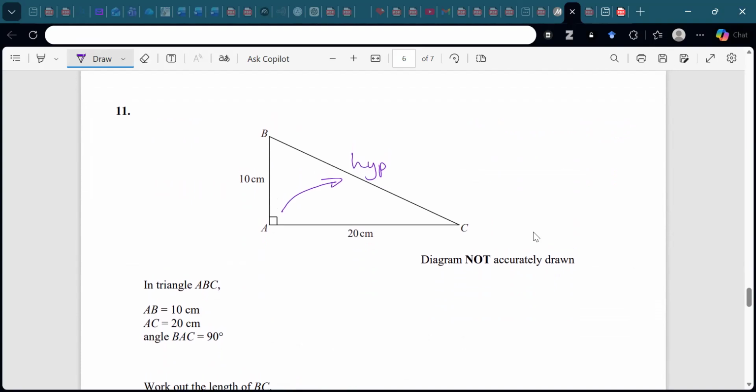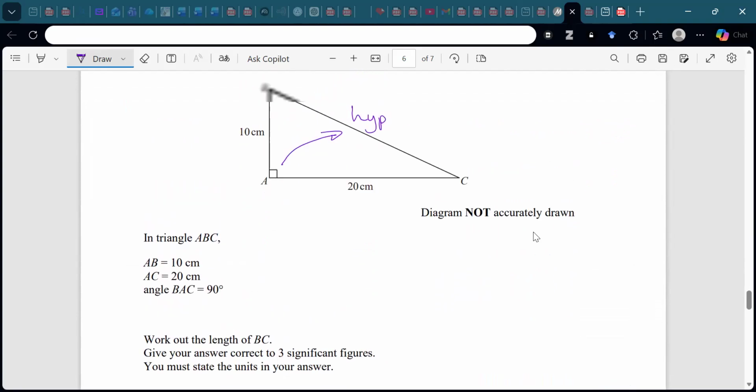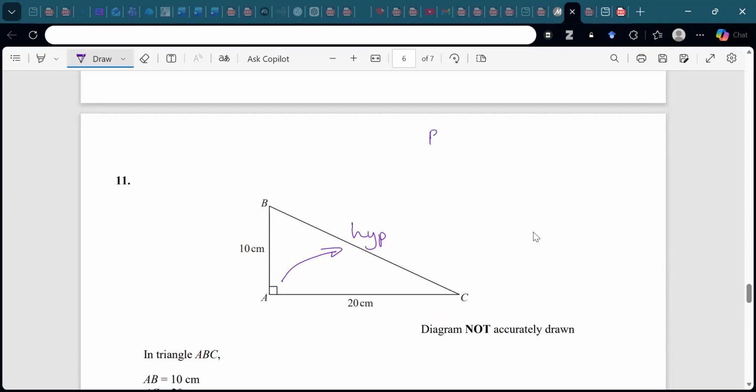Hypotenuse. We want to find the length of BC. So BC squared is going to be equal to 10 squared plus 20 squared. All right. So we're going to get 100 plus 400. Sum of them is 500.